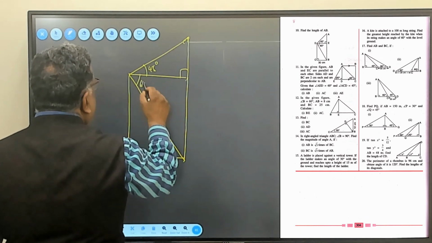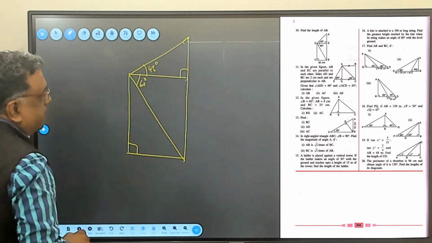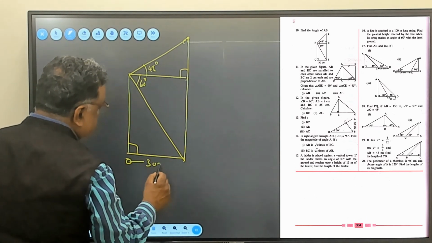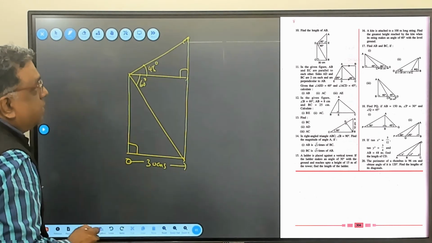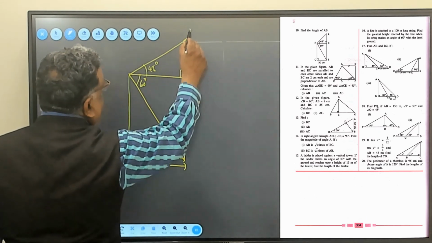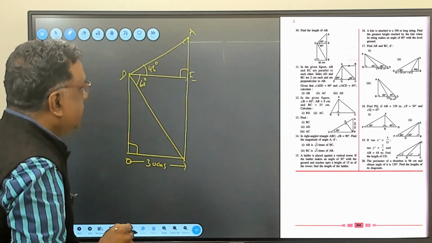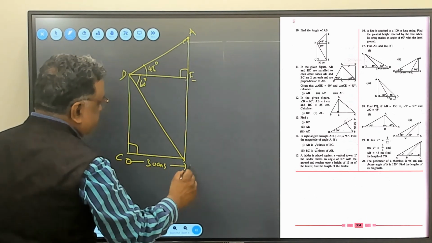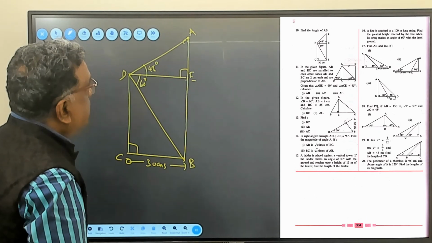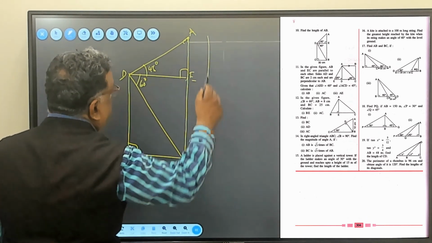This is 60 degrees. This is 90. This is 30 centimeters. A, E, D, C, and B. Find the length AB. So we have to find this length, entire length.